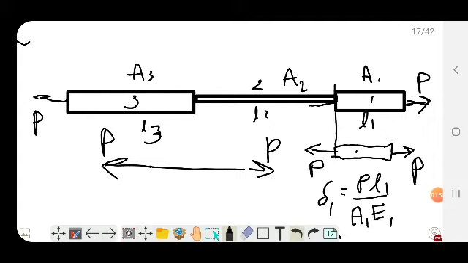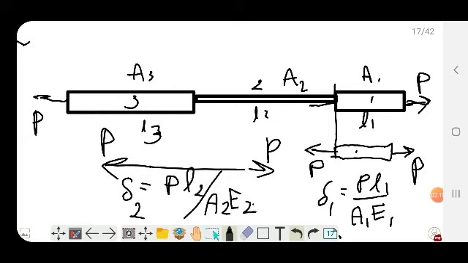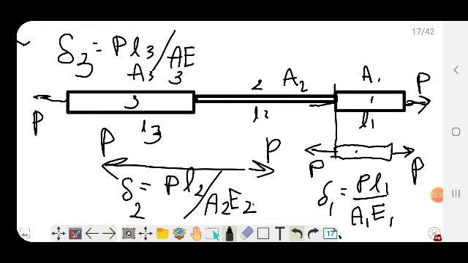At this area we have P, then it is opposed, and here delta 2 will be given as P L2 by A2 E2, and for the third body delta 3 is given as P L3 by A3 E3. So the total elongation of the beam is given as delta 1 plus delta 2 plus delta 3.